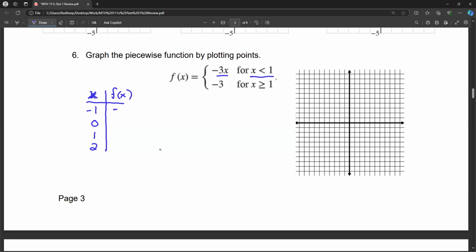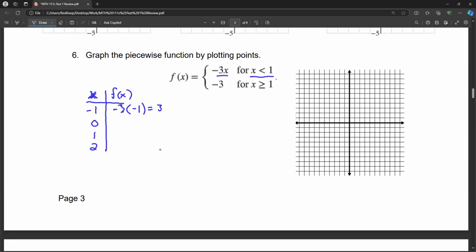So I'll have -3x, and I'm plugging in x equaling -1. So I have -3 times -1. And -3 times -1 is going to be a +3. Perfect.